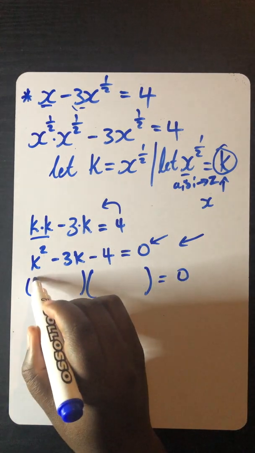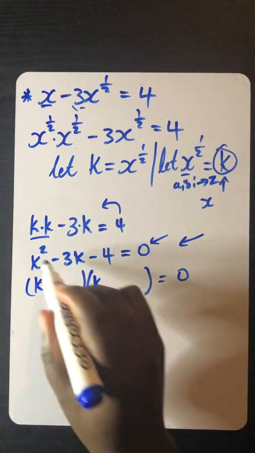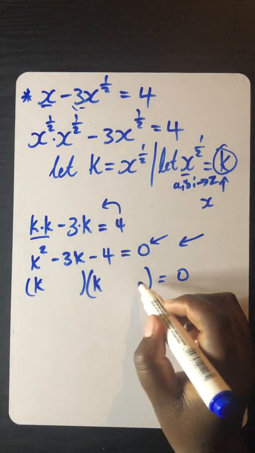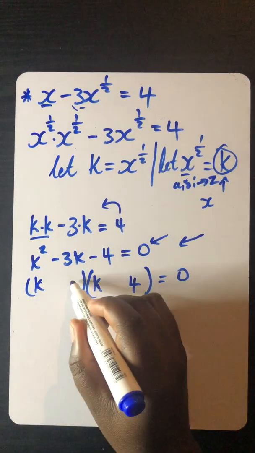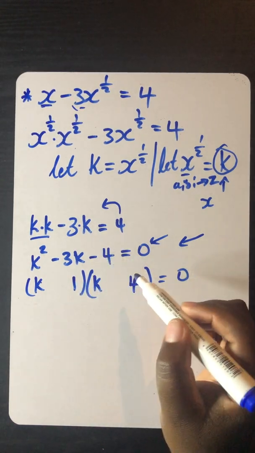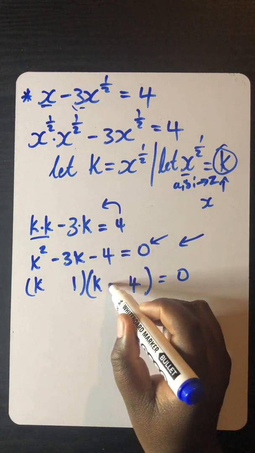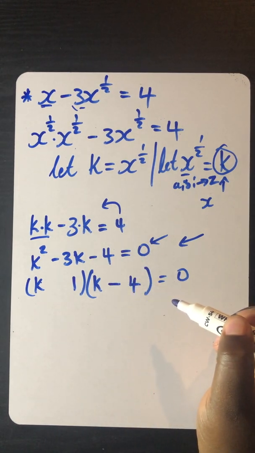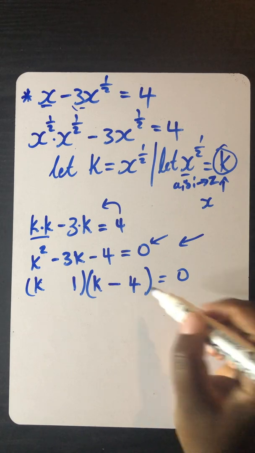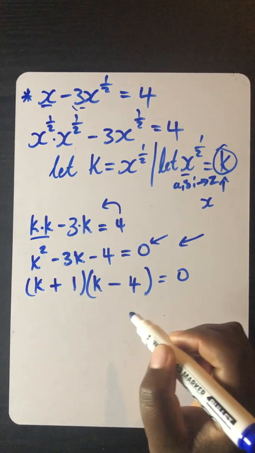So let's factorize. Obviously, we've got k and k, so that when you say k times k, it gives you k squared. You must be having 4 and 1, so that when you say 1 times that, it gives you 4. In terms of the sign, it becomes negative for the bigger number and a positive for the smaller number.